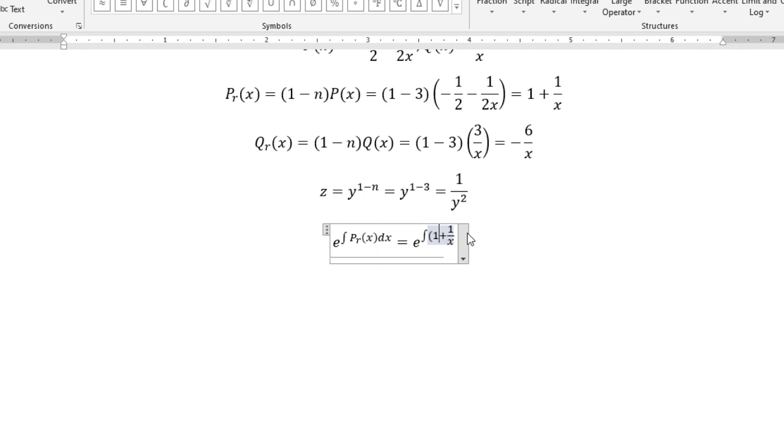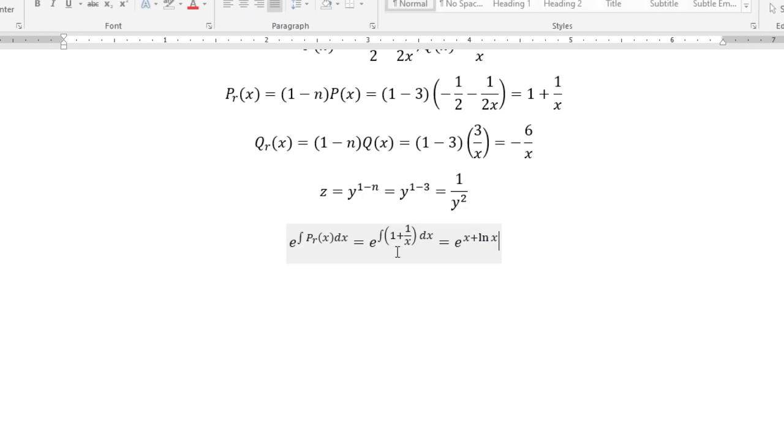So, lagyan natin ng parenthesis dx. Okay. So, that will be e raised to x plus ln x. Tama? Kasi integral ni dx will be x, integral ni dx over x will be ln x.